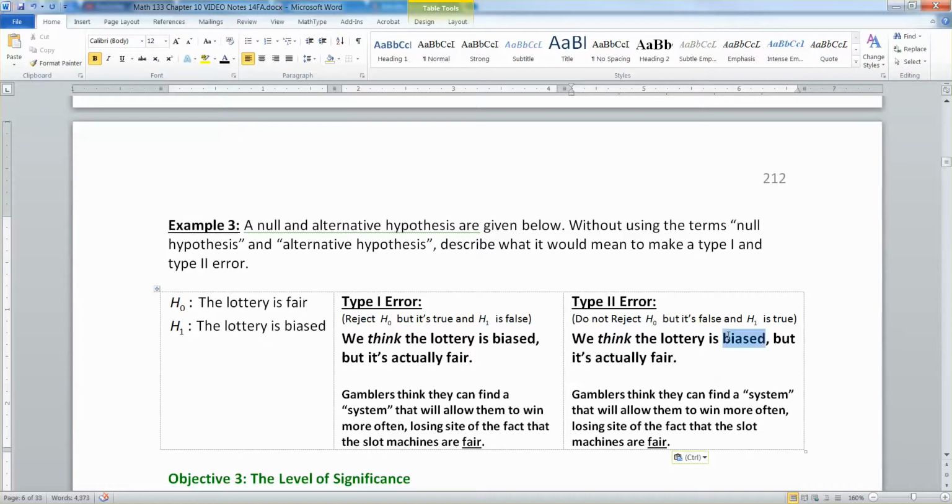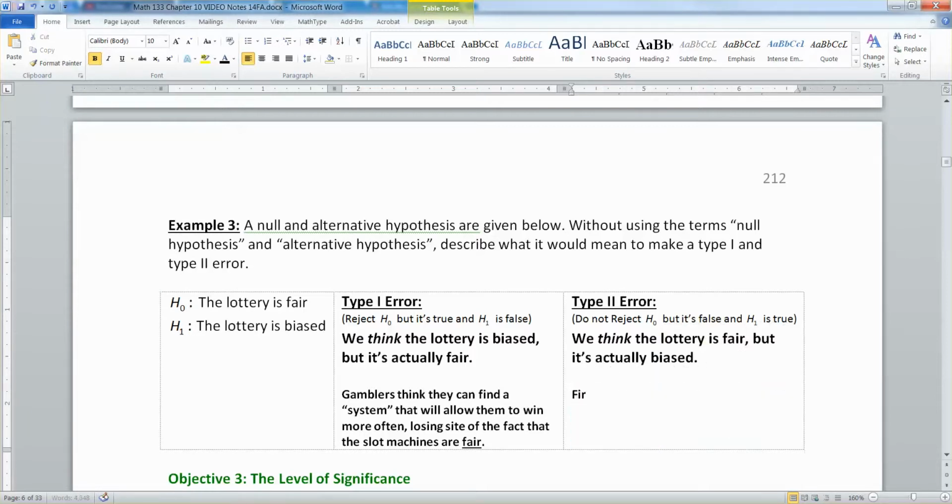All right, now the alternative to that is you think that the lottery is fair, but the lottery is actually biased. So for example, the first Hunger Games book or movie, they talk about it, they say, how many times is your name in there, right? So Gale's name is in the bowl, Gale being the male friend of Katniss, the lead heroine.